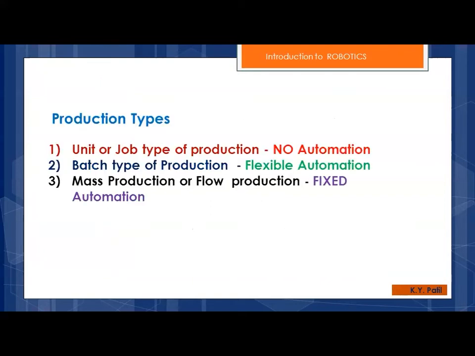If we see, production is classified mainly into three types: unit or job type production, batch type production, and mass production.